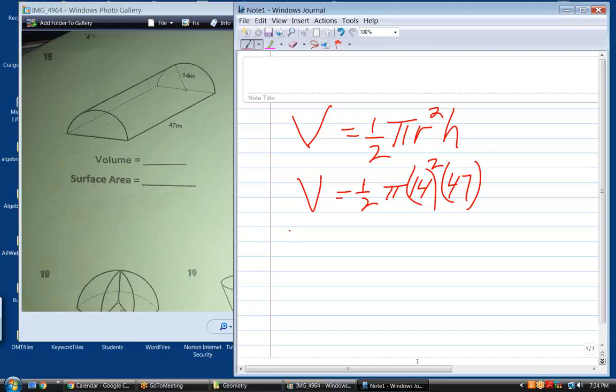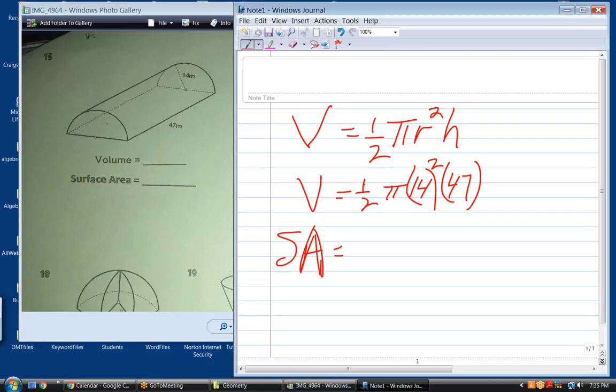Okay. Now, surface area. Do we need to go through this, or are you good to go once we get it to this point? Oh, yeah, that's fine. Okay. So, surface area. For a whole cylinder, this is going to be a little bit different.